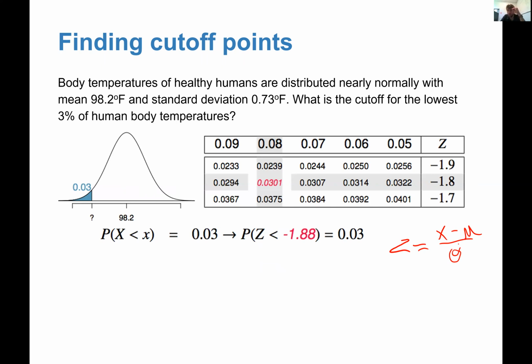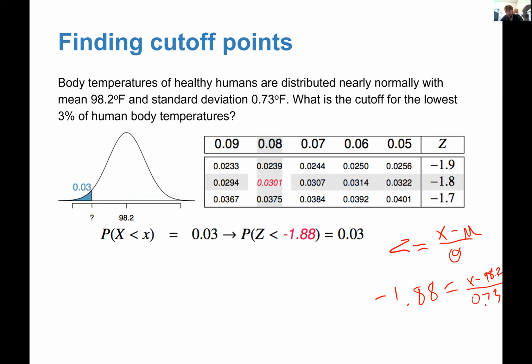And I know z is negative 1.88, I know mu is 98.2, and I know sigma is 0.73.